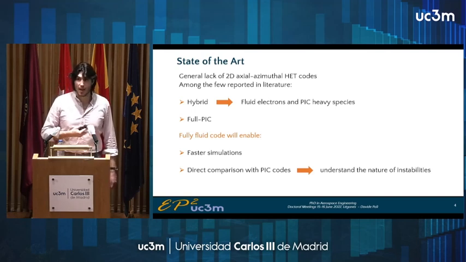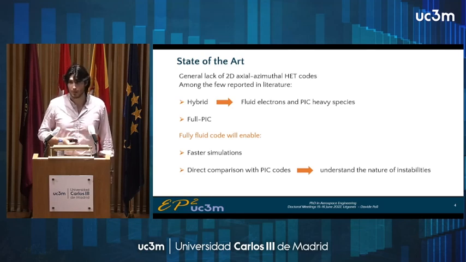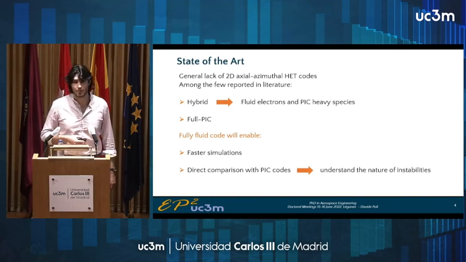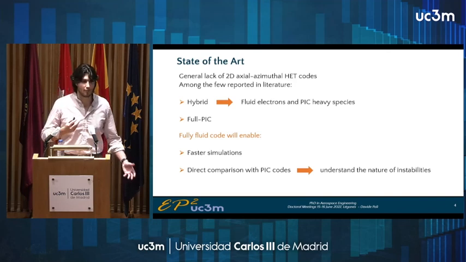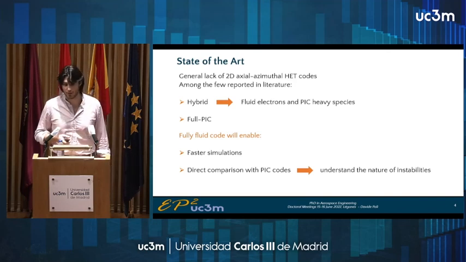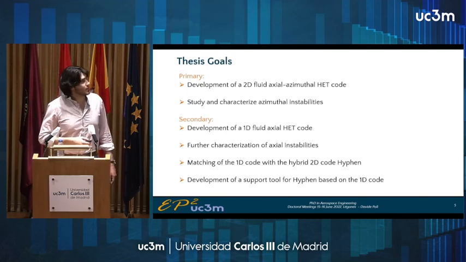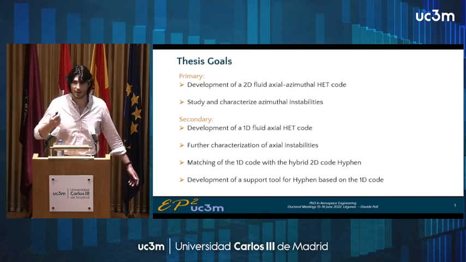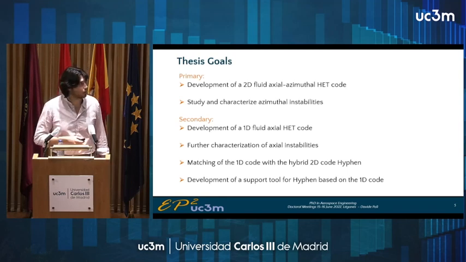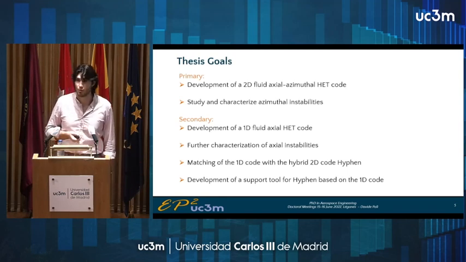In my thesis, I have to develop a fully fluid two-dimensional axial-azimuthal model, which will allow for faster simulation with respect to particle-in-cell and a direct comparison with particle-in-cell simulation, in order to evaluate whether these instabilities can be described effectively by a fluid approach or are prevalently of kinetic nature. So the primary goal of my thesis is developing a two-dimensional axial-azimuthal fluid code, and to study and characterize the azimuthal instability.